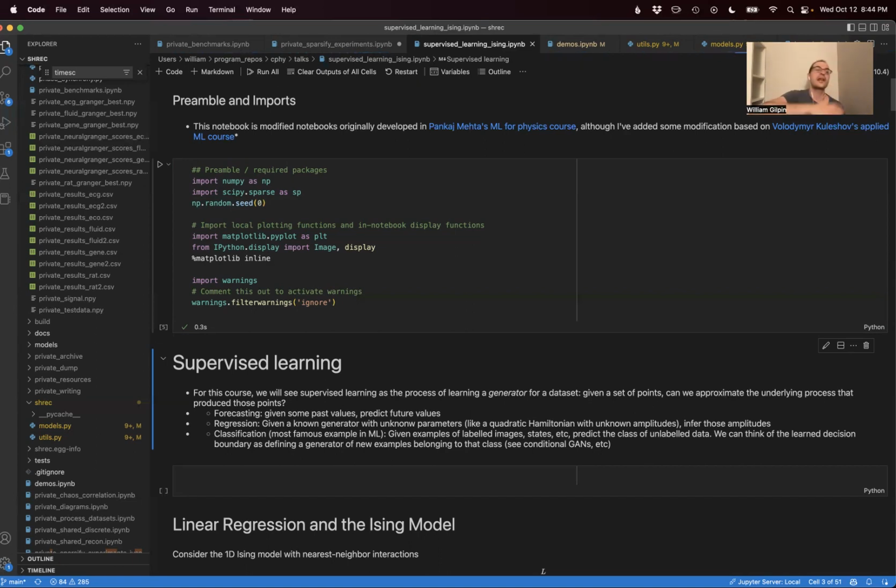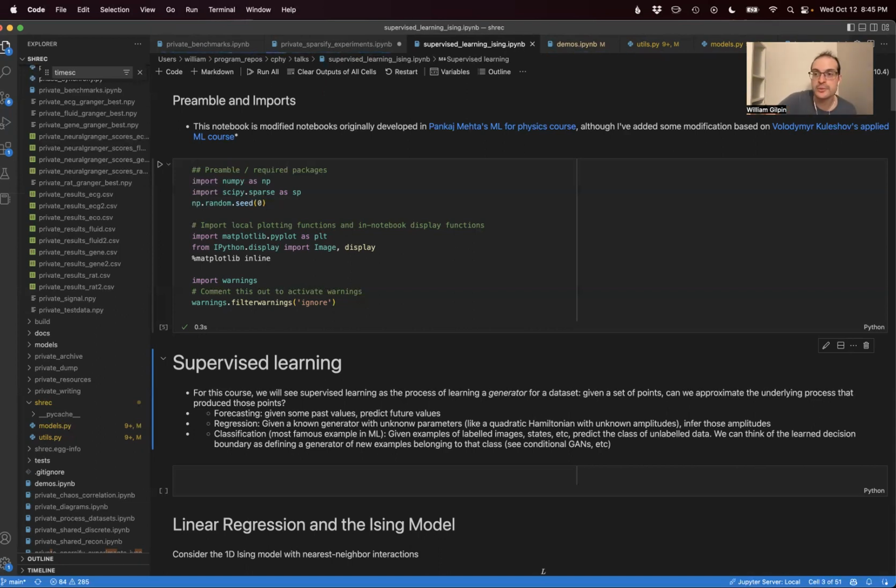And the idea that all of us have in common is that while the cat dog classifier is an intuitive picture of what supervised learning is, on some level, you can think of forecasting as your X, your input being a set of points, and your Y, your output or target being the next point. Likewise, in linear regression, you're trying to find a relationship between two variables where your model spits out a prediction given the inputs. So I'll mention that you've probably used supervised learning before in the context maybe of regression problems.